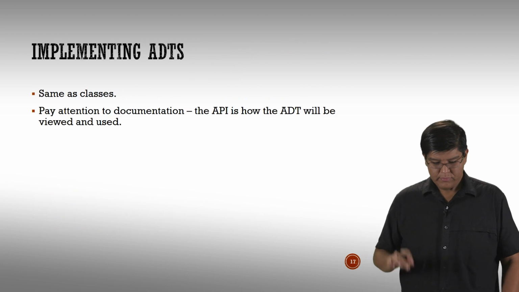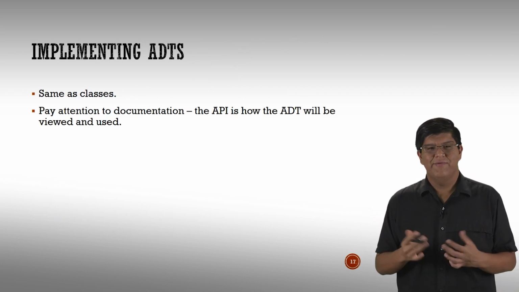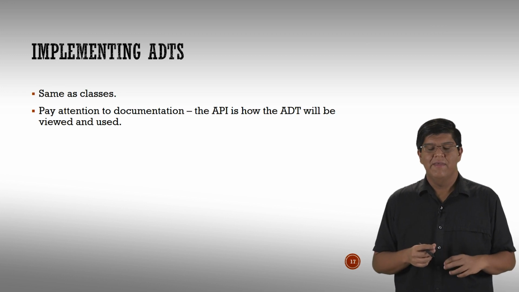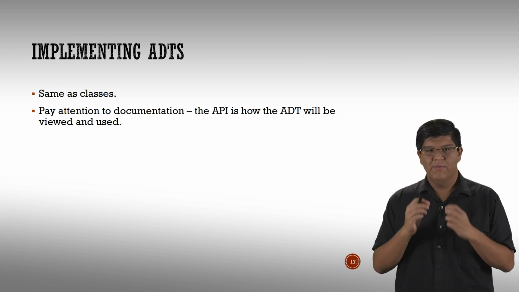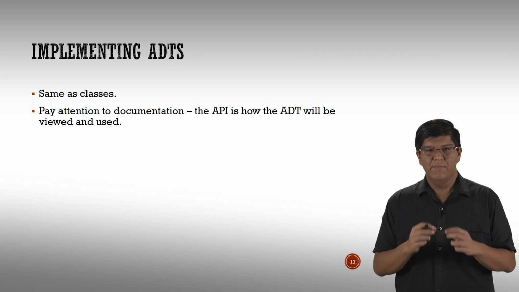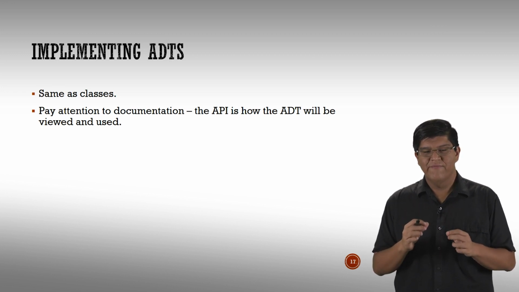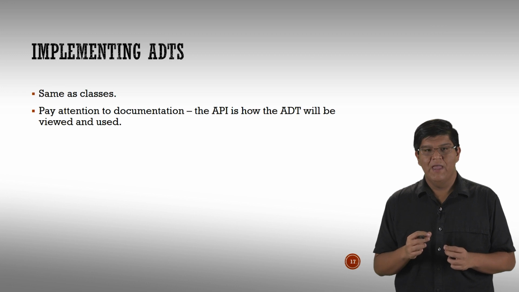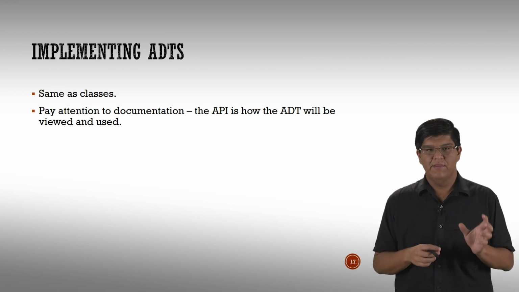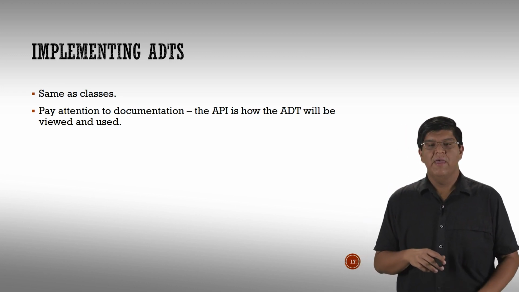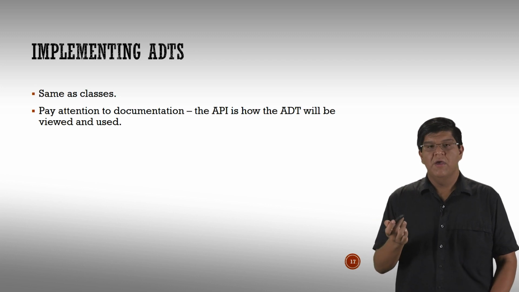All right. So implementing ADTs. We're going to use a class. Again, how else do we do it? We're going to implement it with a class. The main thing here when we implement these things is that our documentation is really the gold standard. From the outside, somebody using your API isn't going to glance at your source code. All they see is the method signature and then the documentation. That means you need to follow it exactly.